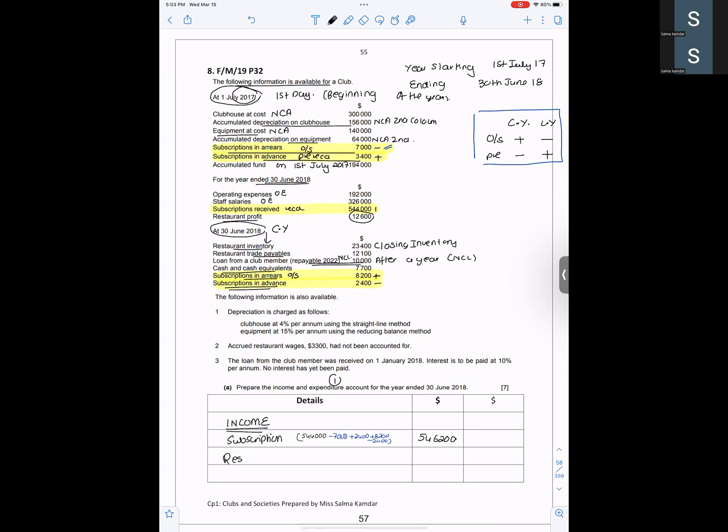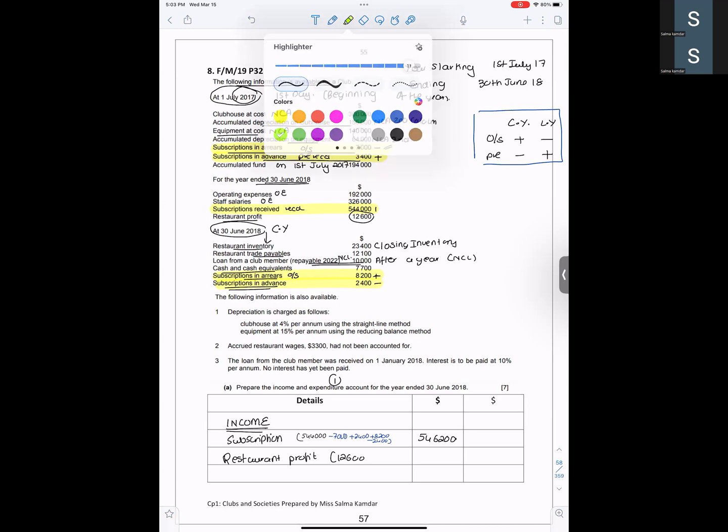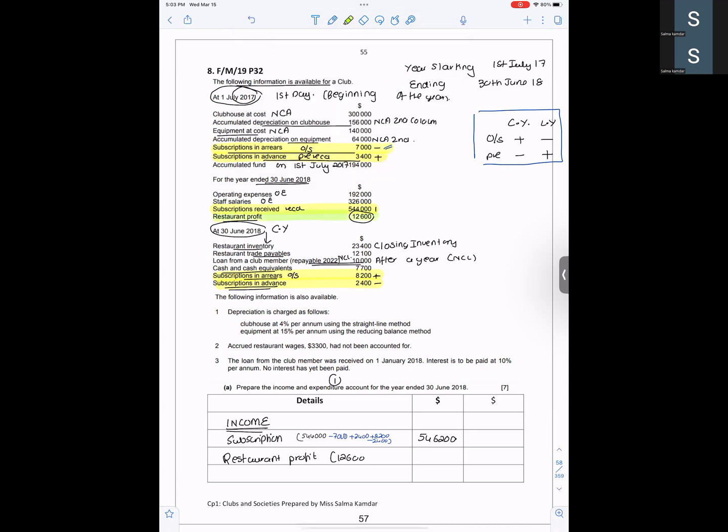Please see if there is any other information that is related to restaurant. So my restaurant profit is 12,600. Let's check for information that is related to restaurant. Restaurant inventory and trade payables is there.